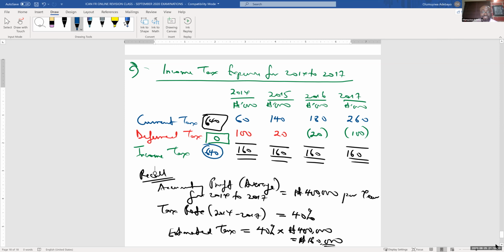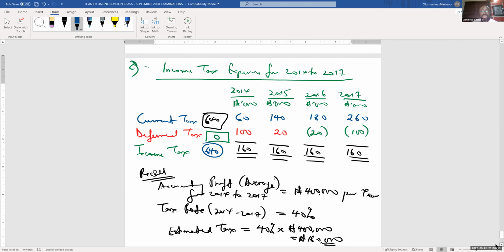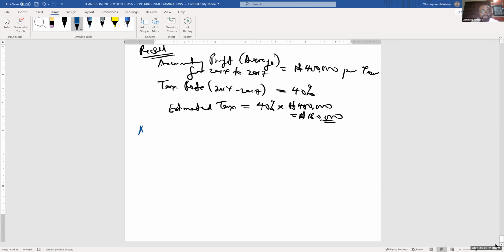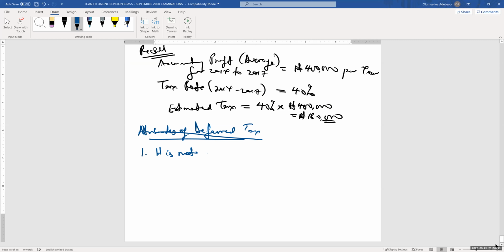In summary, you find out that attributes of deferred tax is that 1, it is not a tax. But what is it? It is rather an accounting measure.